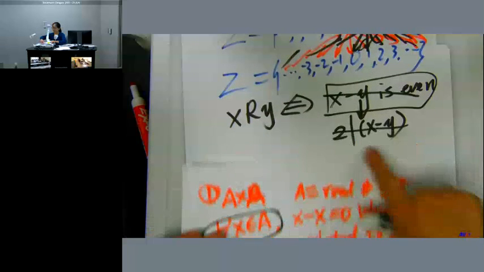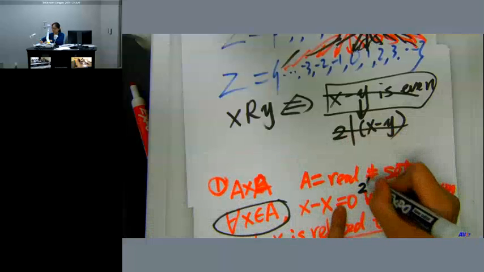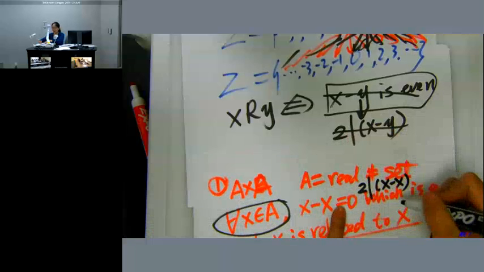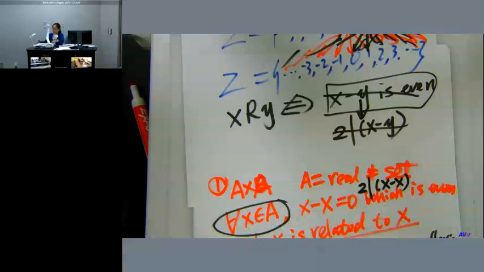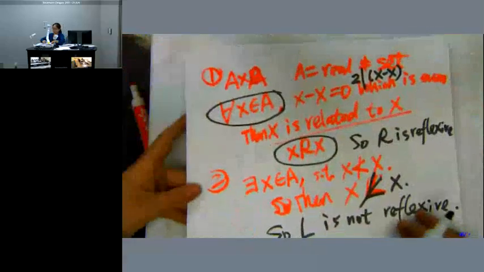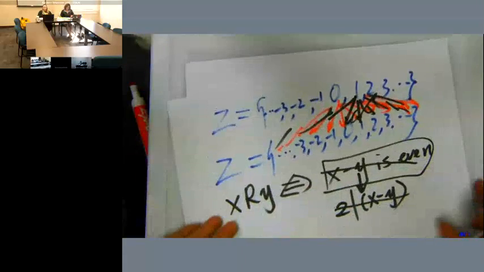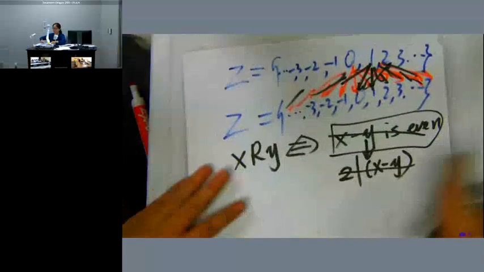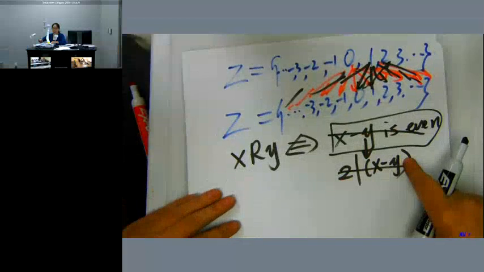But if they give you that form, all you have to put is 2 divides x minus x. Why? Because 2 divides 0. Any number divides 0. So that's the other way to put it. And how do we do symmetric then? Because if 2 divides x minus y, then 2 divides y minus x when you switch them, right?